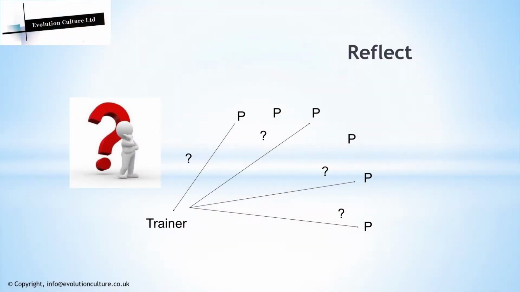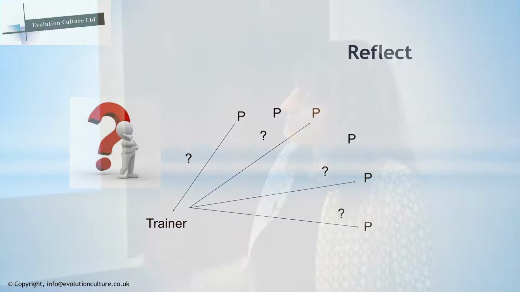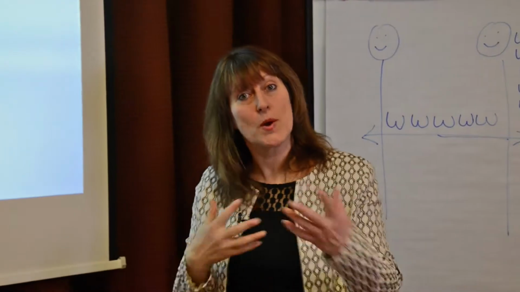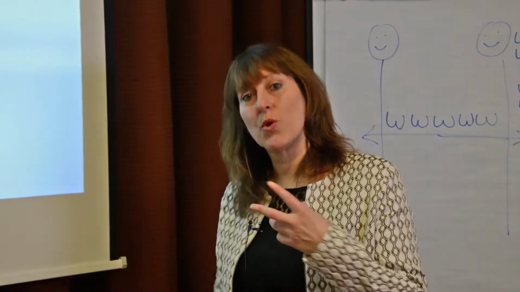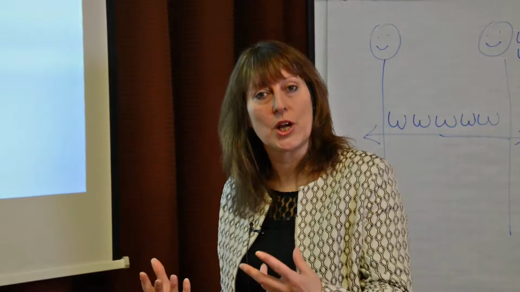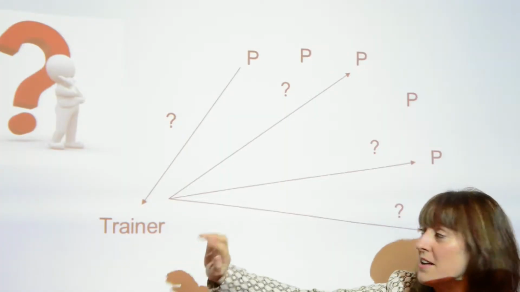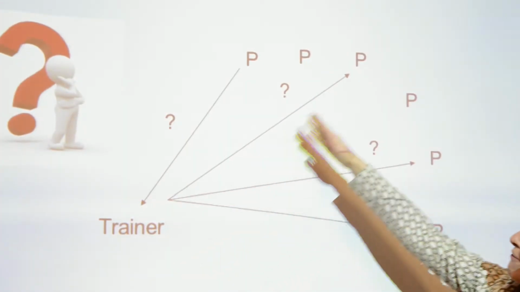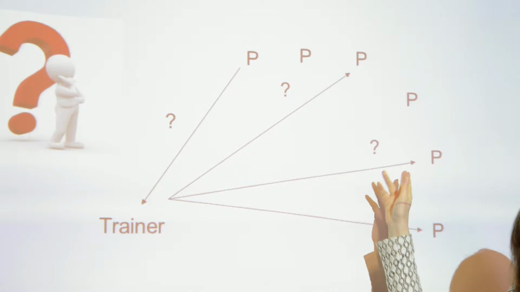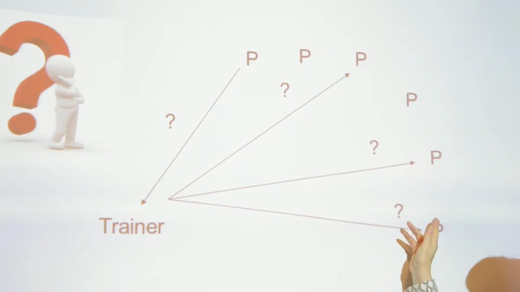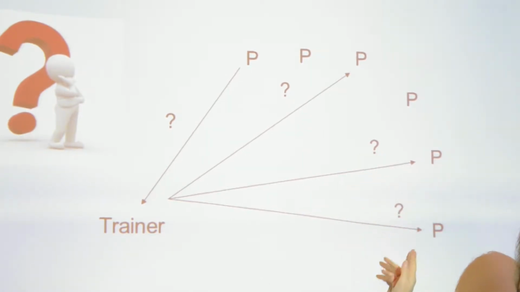The next one is the reflect. This is where a participant asks the trainer a question. Remember, questioning's two-way, and this is what we have to, as trainers, encourage the participants to do. So the participant asks the trainer a question, then the trainer reflects to other participants in the course as to what the answer is.